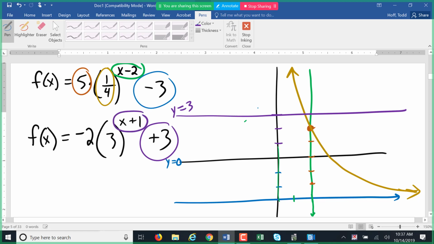Next, this x plus 1, remember, go the opposite direction, moves our effective y-axis over here 1 unit to x equals -1. So that basically serves as our origin right there. The -2 then says instead of being above the asymptote, we're below the asymptote. And instead of crossing 1 unit from the asymptote, we cross that vertical axis 2 units from the asymptote. So we can sketch in our graph like that. Any questions?